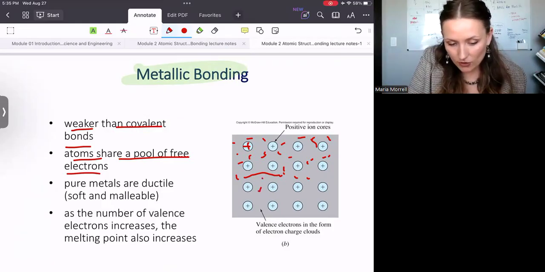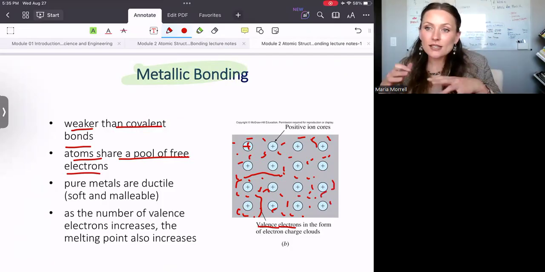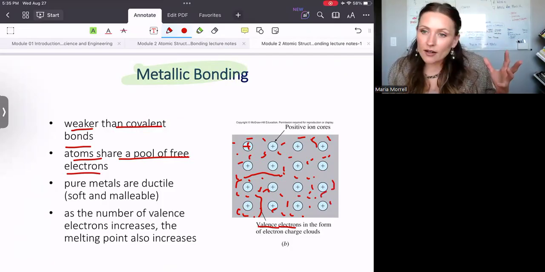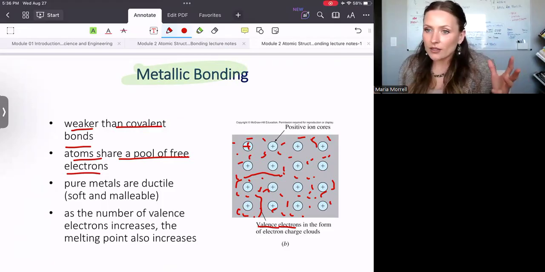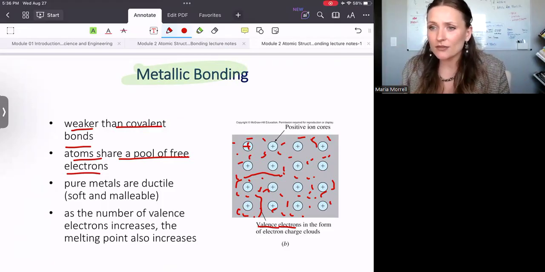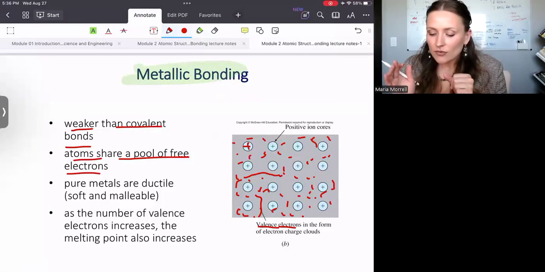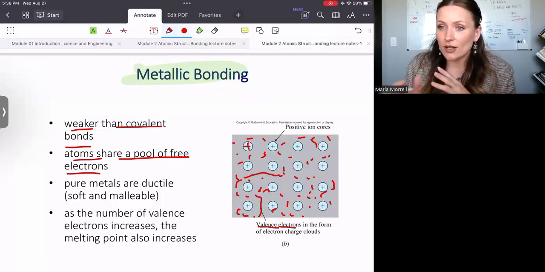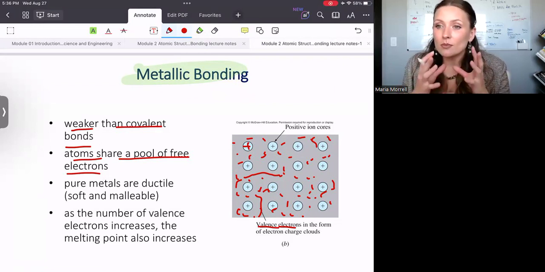And all of this gray area is going to be your valence electrons. Okay. So in a sense, every atom shares all of the electrons, and that's the beauty of metals. Because if you need to conduct either electricity or heat, this is only possible.